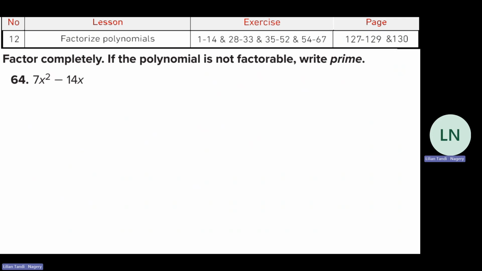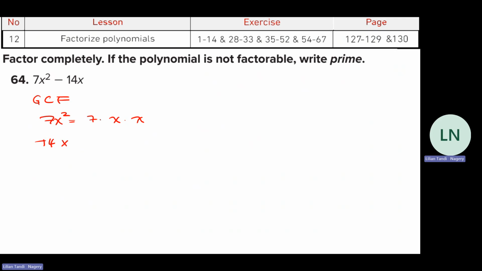This one looks like it is prime. 7 and 14. But there's a common factor because both of them have x's. So the greatest common factor is 7x. So GCF: 7x squared becomes 7 dot x.